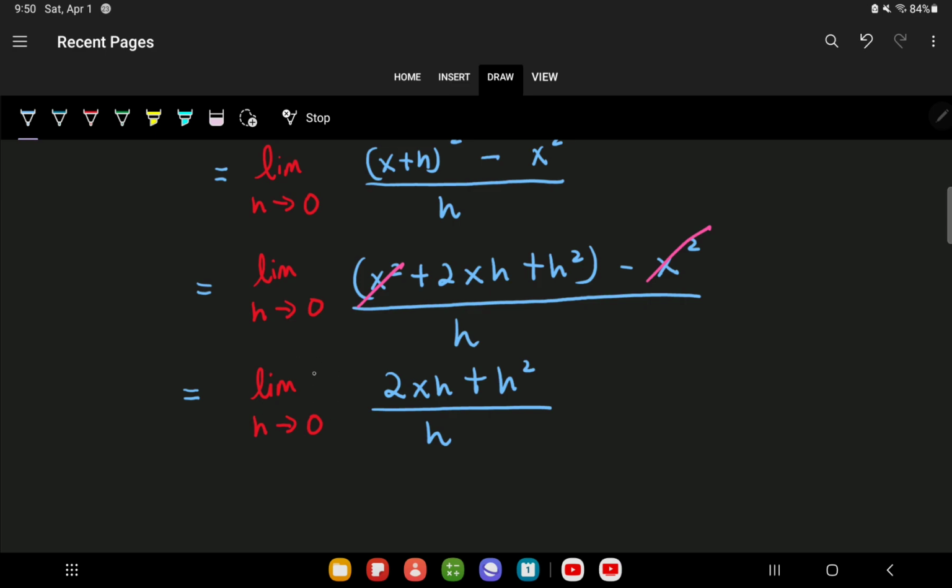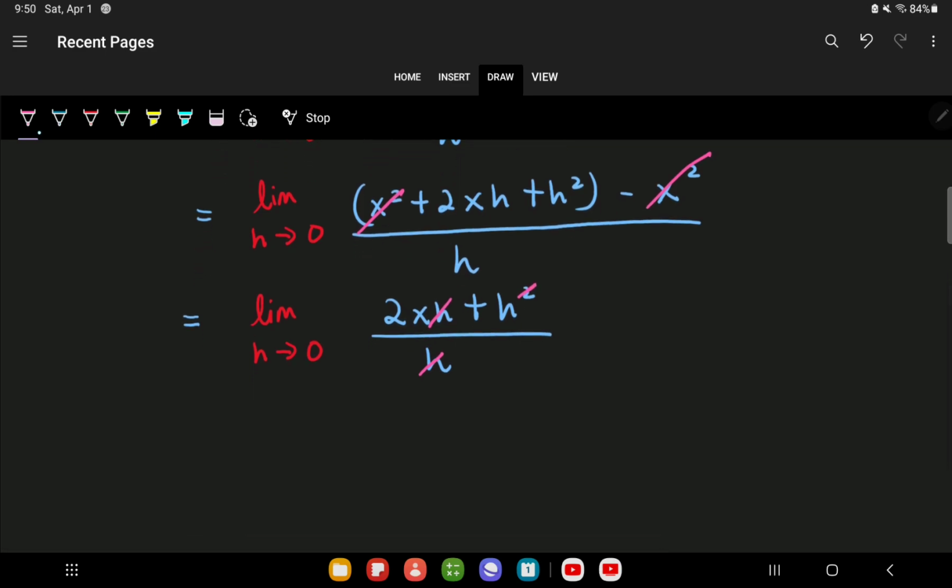Now, before we plug in the limit as h approaches 0, we could do some simplification. We see an h on the left-hand side of the sum, we can cancel that. And h squared divided by h is just 1 power of h. So finally, putting everything together, we have the limit as h approaches 0 of 2x plus h.